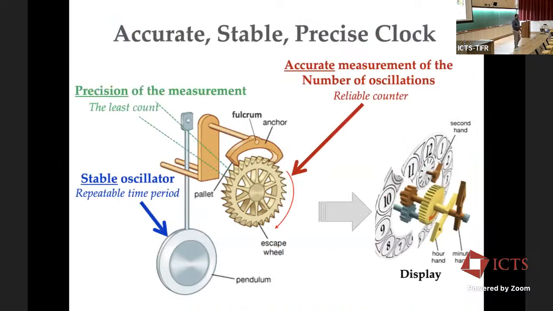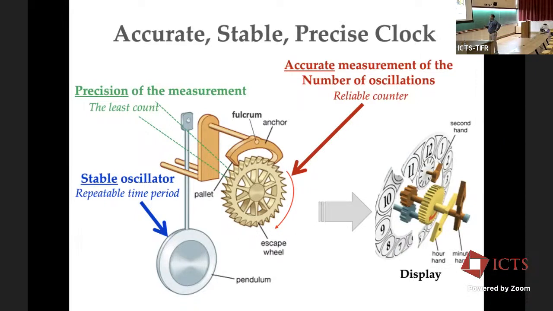So what are the 3 properties needed to make a clock? This is again the same pendulum. Let me briefly tell you how this works mechanically. This is a mechanical pendulum clock. The pendulum oscillates and it's connected to a wheel. This wheel has multiple individual teeth.